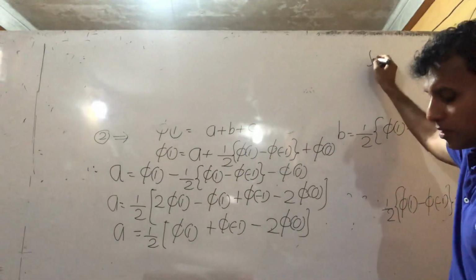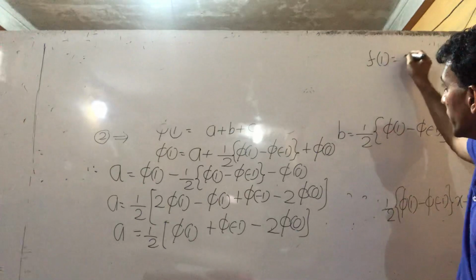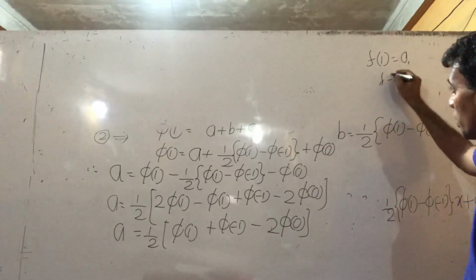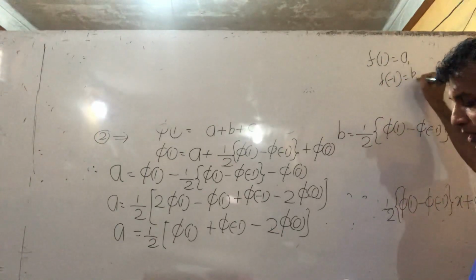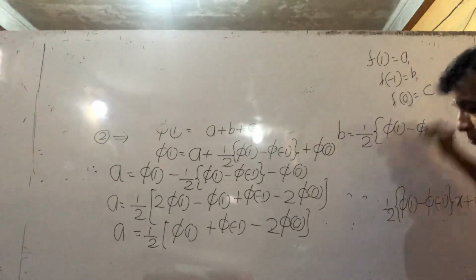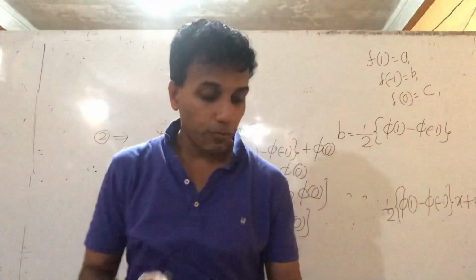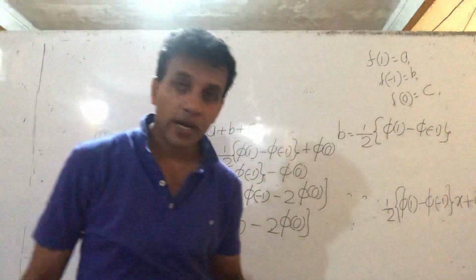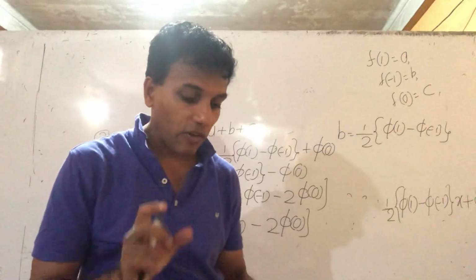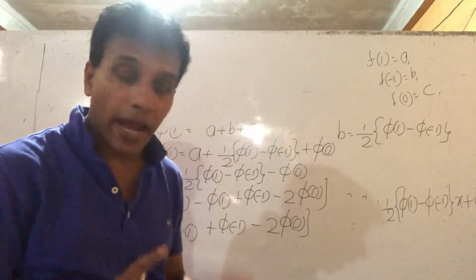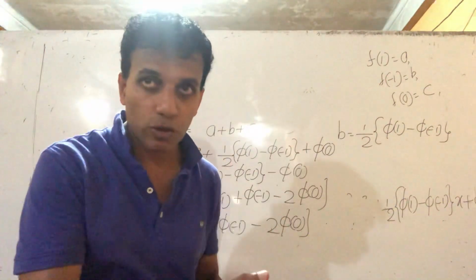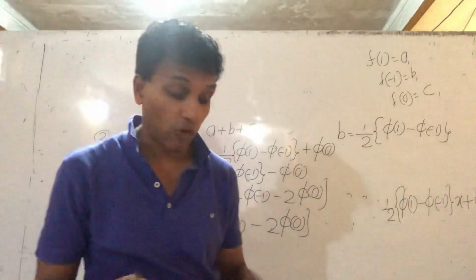Given that f of 1 equals a, f of minus 1 equals b, and f of naught equals c, right? Like the same idea of the previous question, symbolic pattern, notation form.